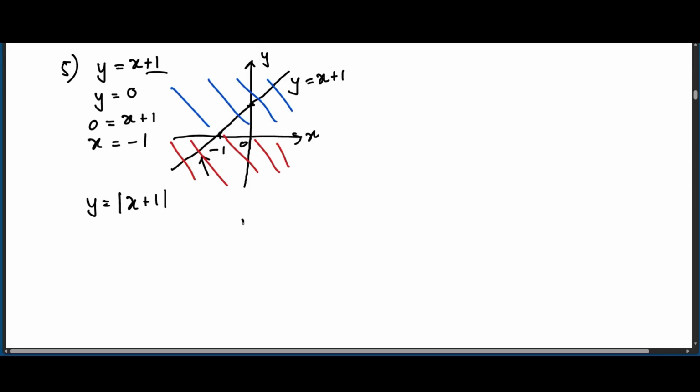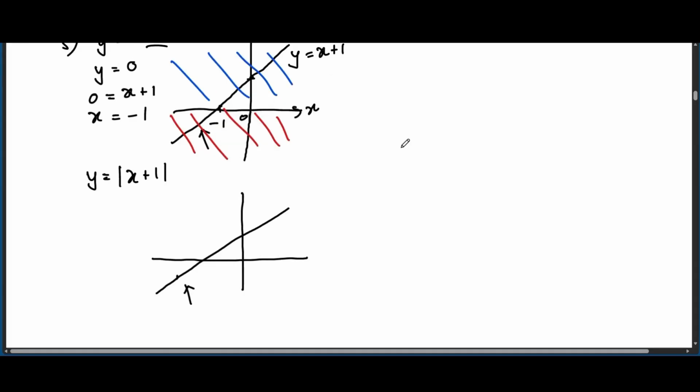So let's draw it out. So this is the line graph. So the negative part down here would be converted into a positive part. In other words, it will be flipped upwards. It will be flipped upwards.